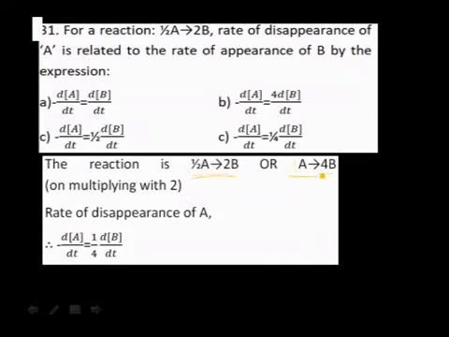If I write the rate equation for this, rate of disappearance of A, that is -dA/dt, because the coefficient of A is 1, is equal to 1/4 of dB/dt, since the coefficient of B is 4. Therefore -dA/dt = 1/4 dB/dt, and the correct option definitely is option D, in question number 31.